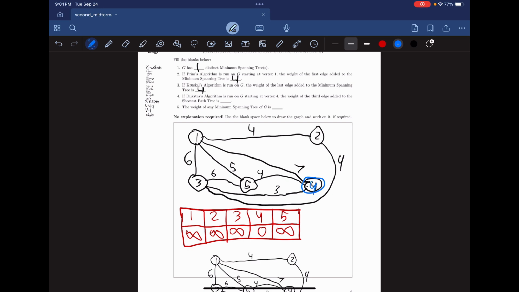I'm sorry, I said it wrong earlier. It's a min priority queue that we're using to hold this. We are going to be processing the smallest distance unvisited vertex first.